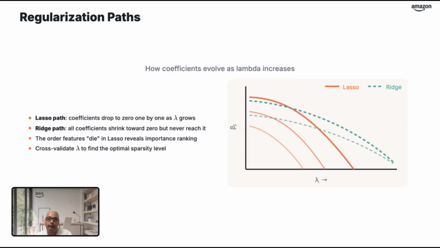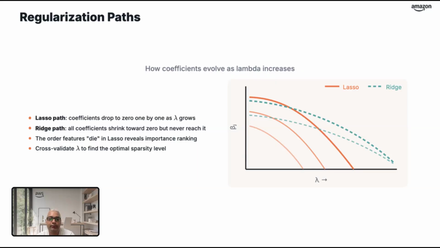We'll also take a quick look at the regularization paths, and how they change as the ratio of the weights changes if we are using an elastic net. We plot each coefficient against lambda.